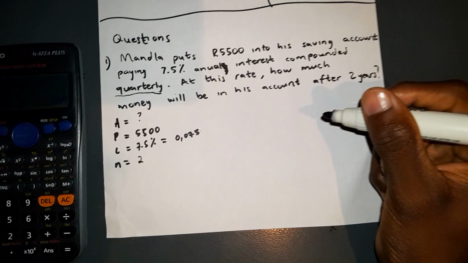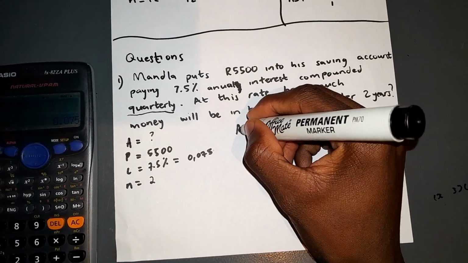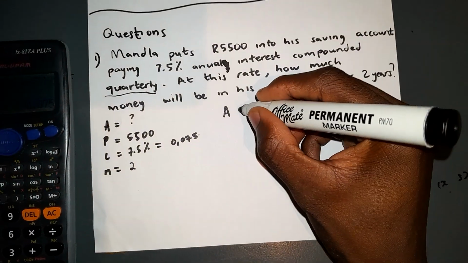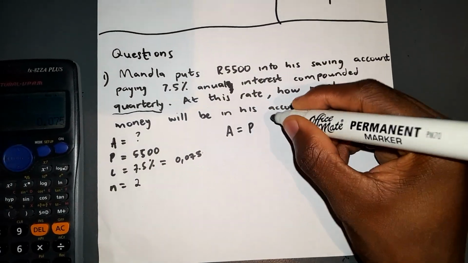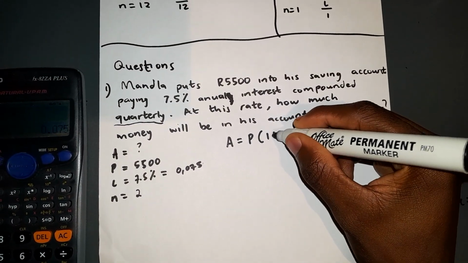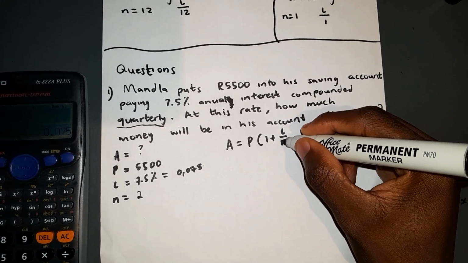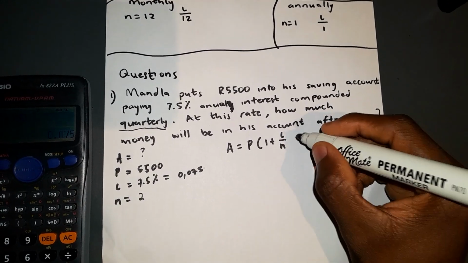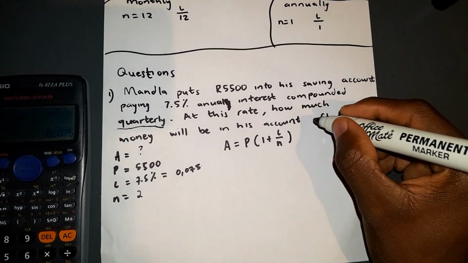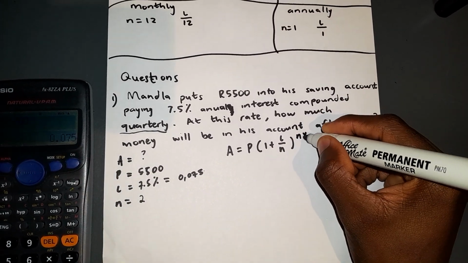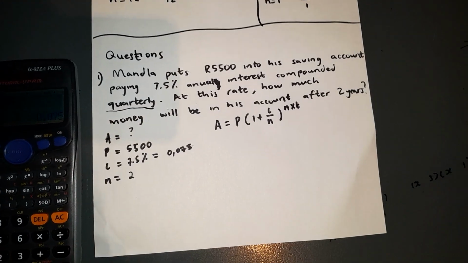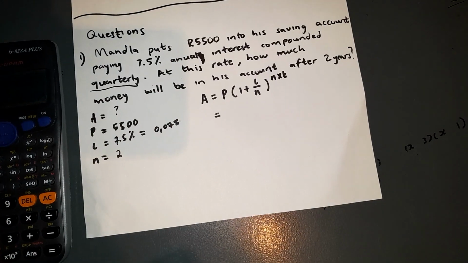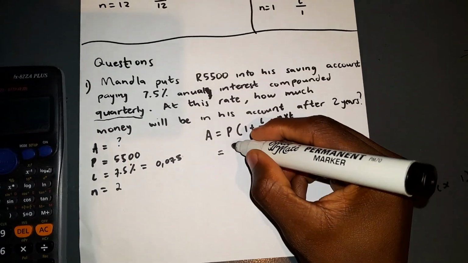So now let's start punching in everything using the formula there. Some of you may write it as an R, which is for the rate. It's the same thing. You can write it like that. They won't penalize you if you don't do it like this.